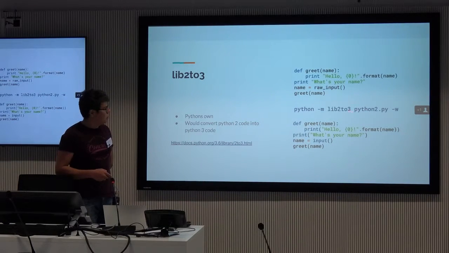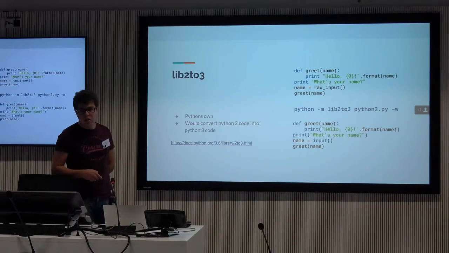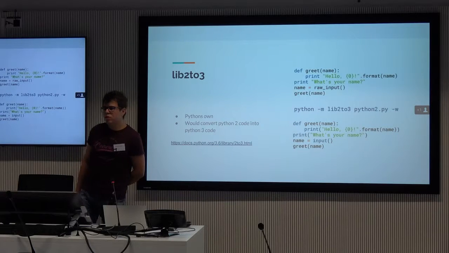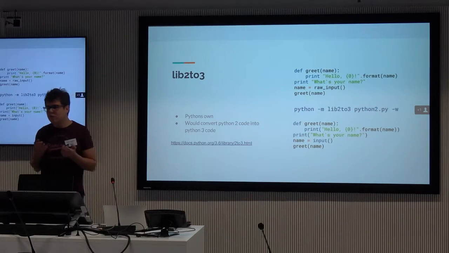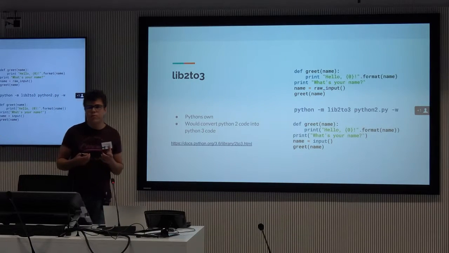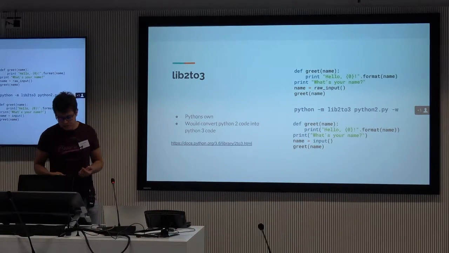You will run just this command, and it will make everything that was compatible only with Python 2 compatible with Python 3. Bear in mind that lib2to3 will produce code that is Python 3 compatible only, and is not compatible with Python 2 and 3 simultaneously.